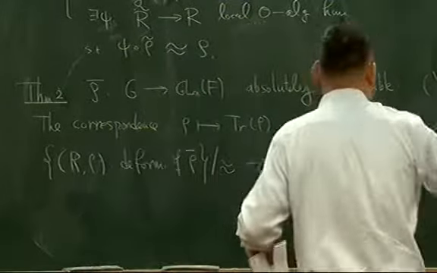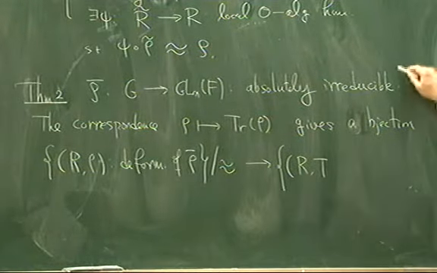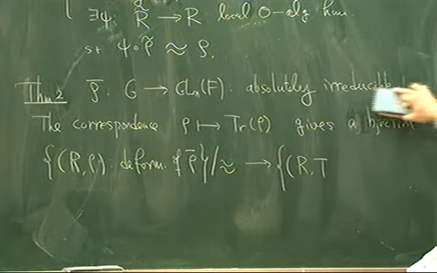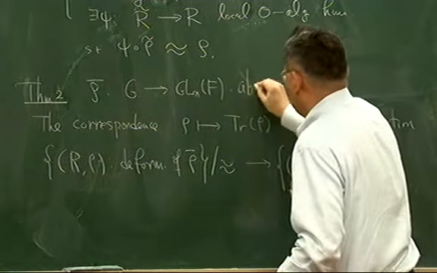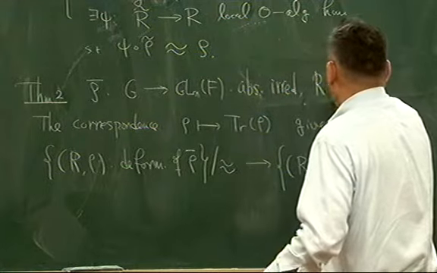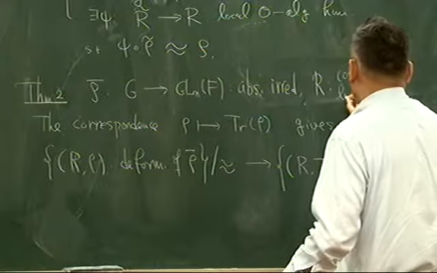Sorry, here we have to fix R. Here I should write the fixed R, and rho bar is absolutely irreducible, and R is a complete local O-algebra.